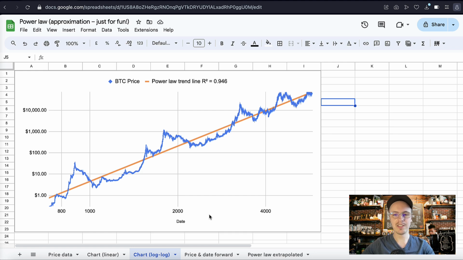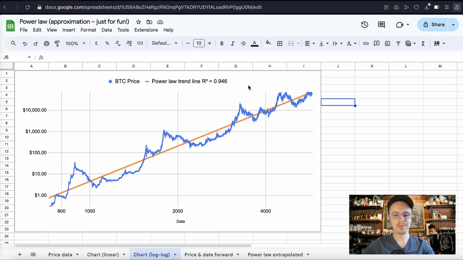And the reason why this is so significant, and the reason why mathematicians and physicists are interested in this, is because you wouldn't expect to get such an incredibly good fit from something like the Bitcoin network, which is this huge, massive global network, and there are millions of different variables that go into how the network grows and the price appreciates, right? But it turns out that all you need to know is time to understand how the price grows and how the network grows.